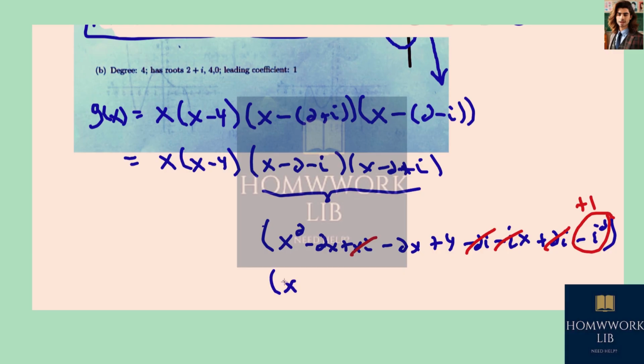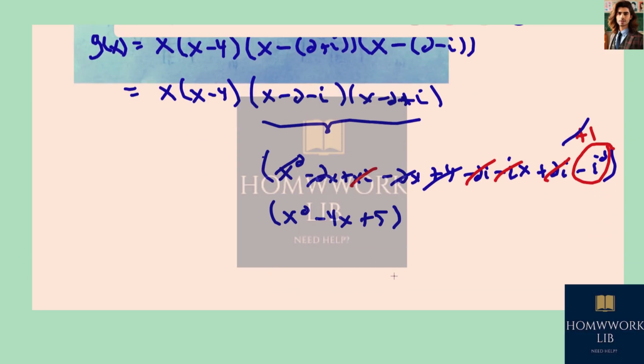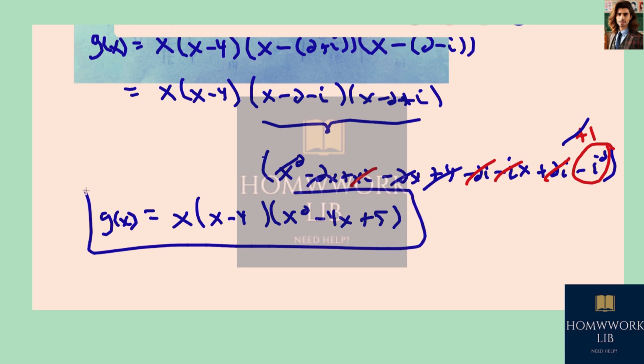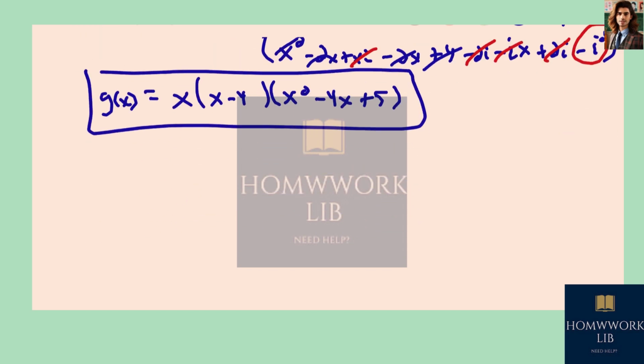So that is x squared minus 4x plus 5 times x minus 4 times x. So there it is in factored form, and a sketch of it.